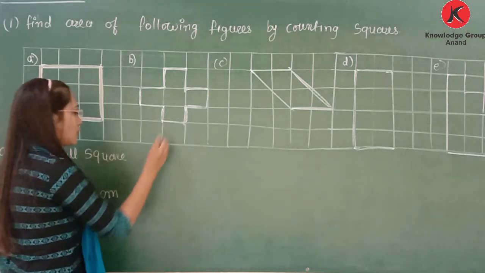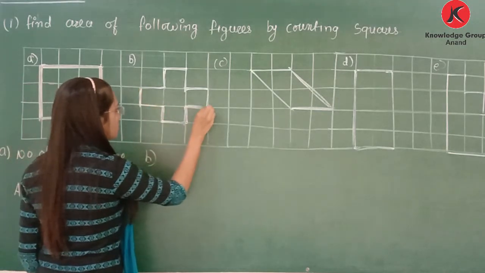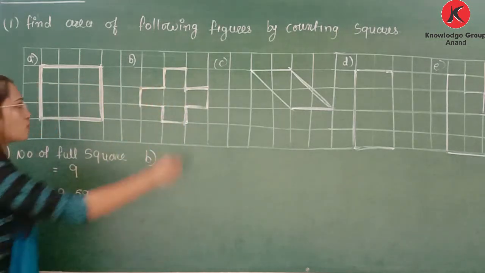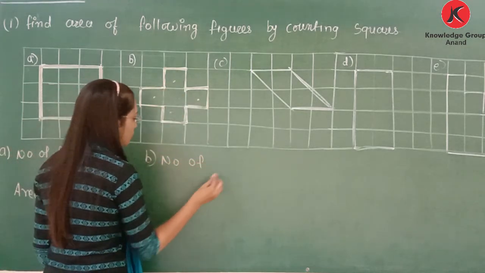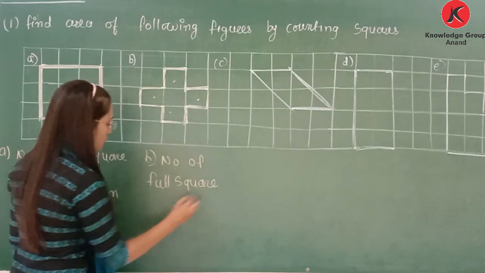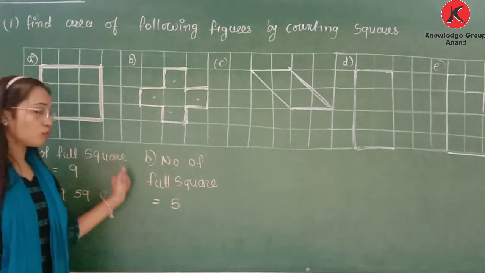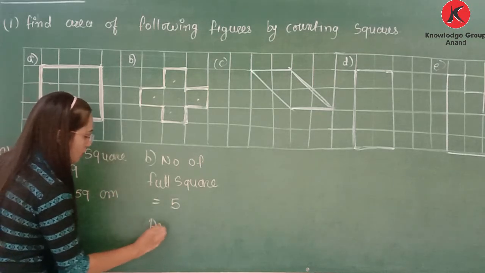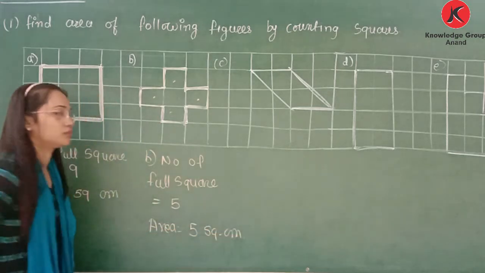Now next, second. Again you can see the figure is like a plus. So count the number of full squares: 1, 2, 3, 4 and 5. Is there any half square? So it is 5. No half square, no more than half, no less than half. That's why area is equal to 5 square centimeters.